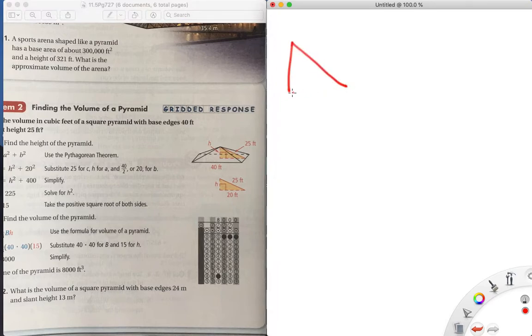This is the triangle associated with the pyramid. This is the height. This is the slant height, which is 25, and then they want to find out what the height is. We know that the whole entire base is 40. Since we're dealing with a square, this height comes straight down in the middle, and it hits it at the halfway point of 40.